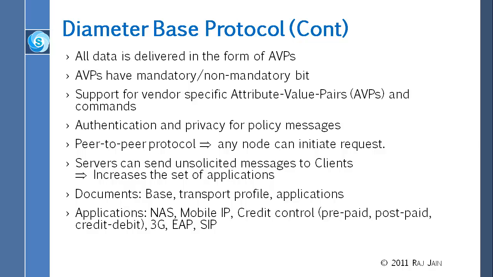Then RADIUS had some problems, so we talked about Diameter, and the Diameter makes it more general in every respect, including what transport it uses, what messages it allows, what attributes it allows, who can talk to whom, and so on. All right. Now, having said that, I have not seen too many Diameter servers either.